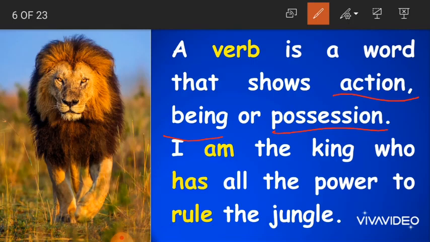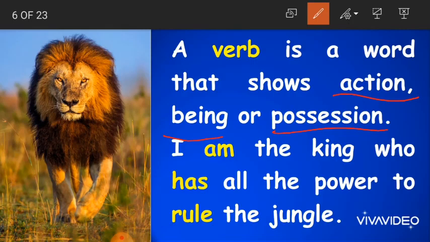Action is some act, some work. And being is like ourselves being here, attending the live class. We are doing some work here, we are present here.